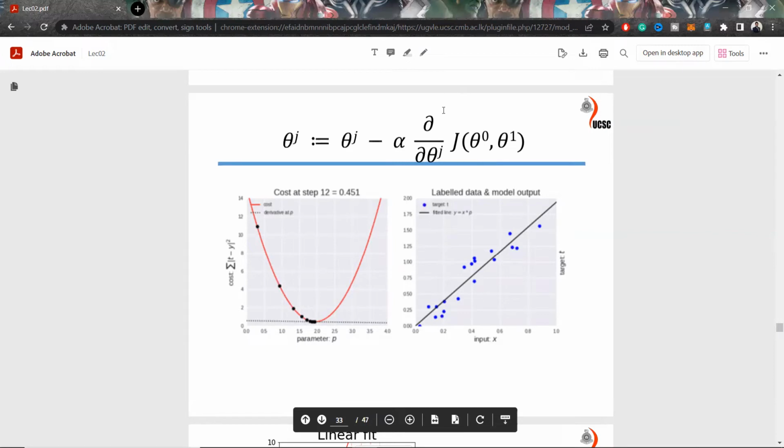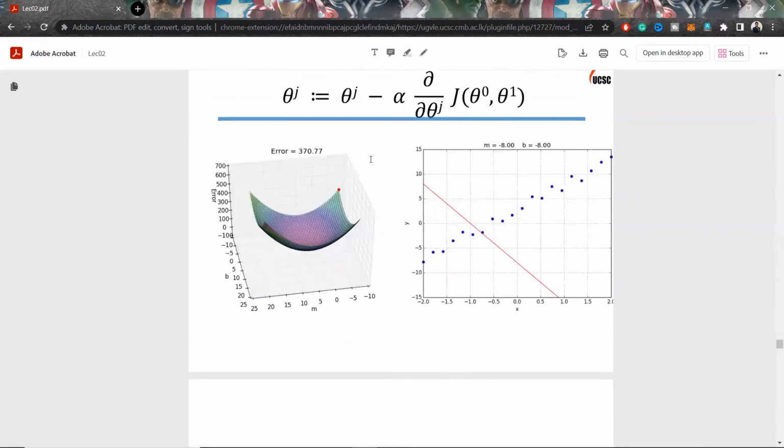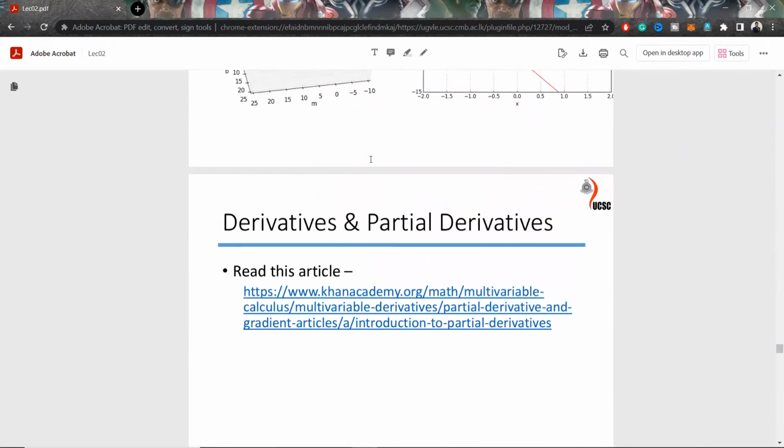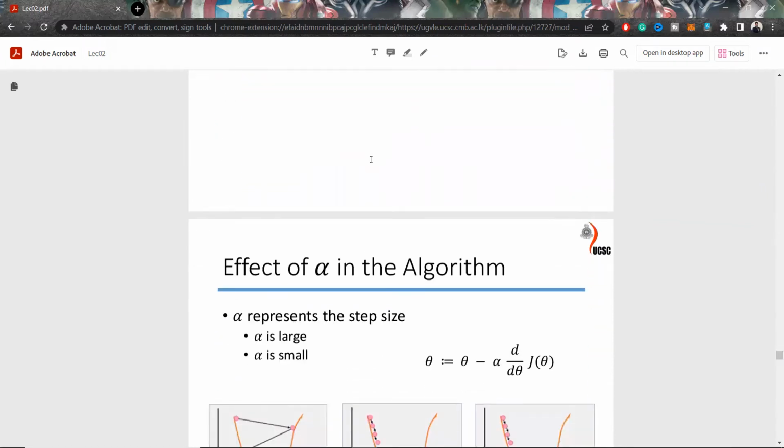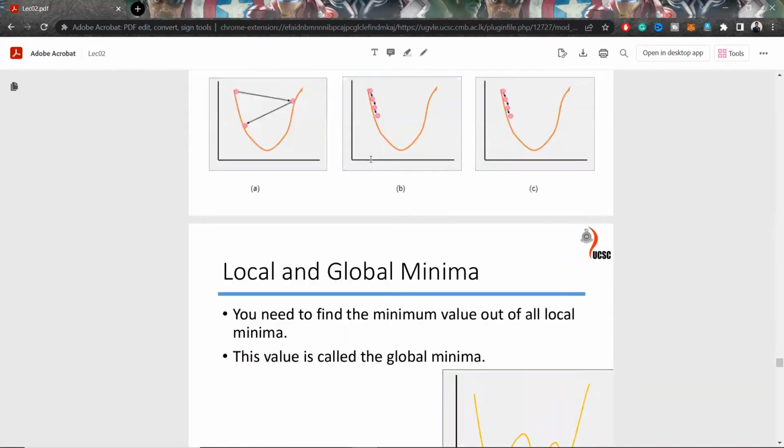In that position, our parameters come to a place where they are not changing anymore, right? That is the basic idea behind this gradient descent algorithm, right?